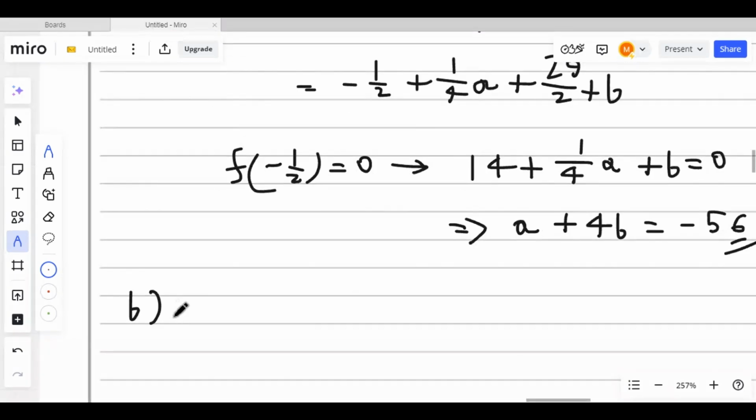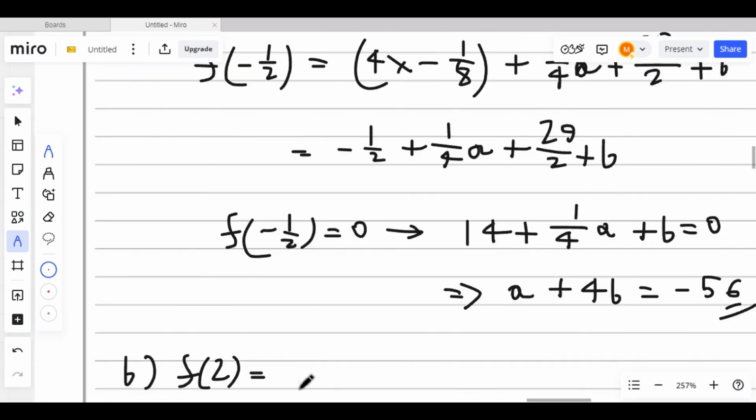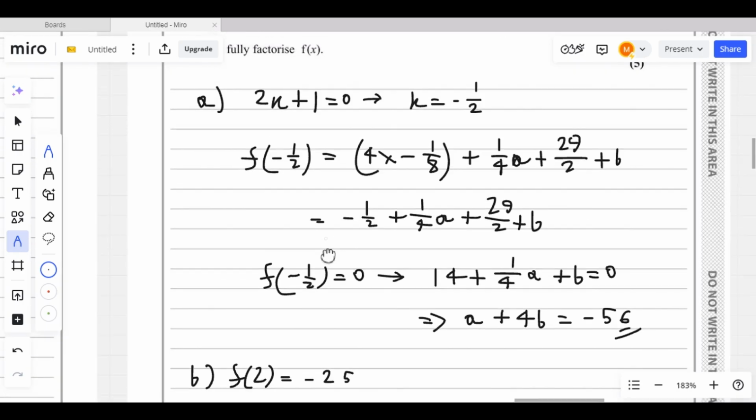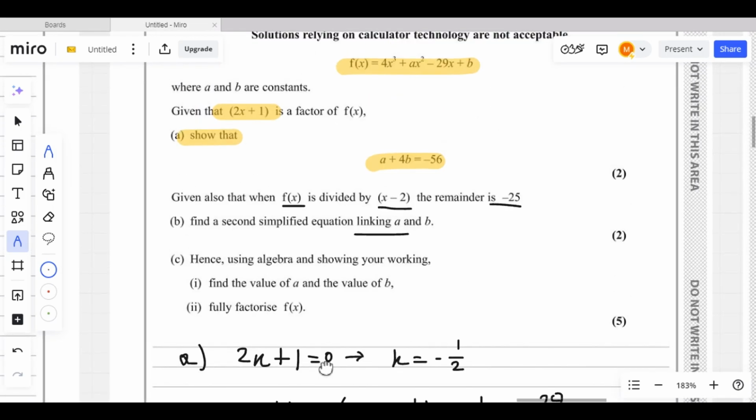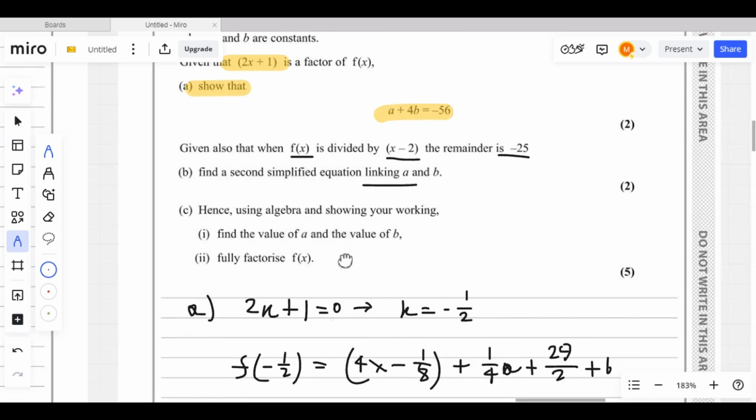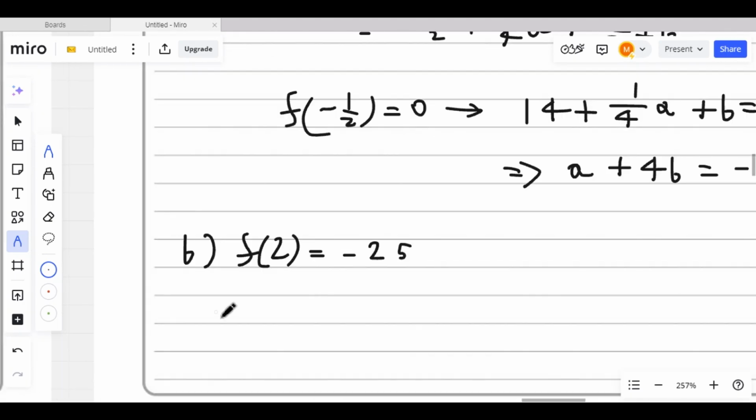So f of 2 would be equal to what? What was the remainder? Negative 25. Now if you put x equals 2 into the equation of f of x, we will get 2 cubed is 8, 8 times 4, this is 32.